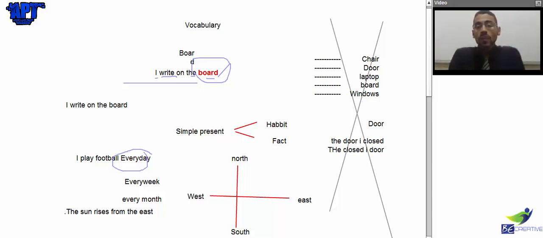But we don't know how to use them. So the simple present is about habits and routine.